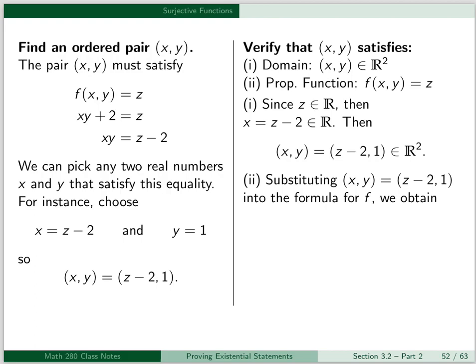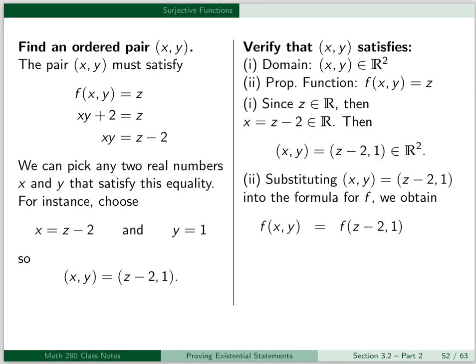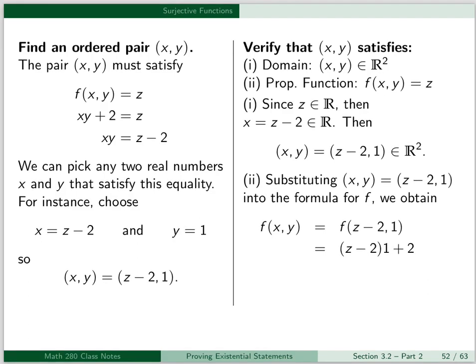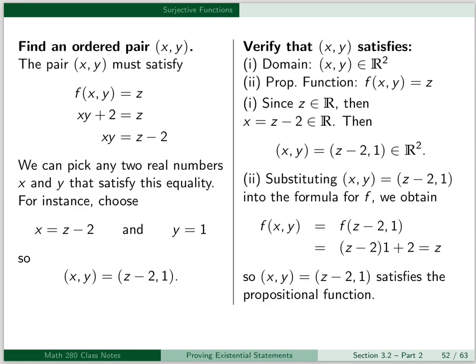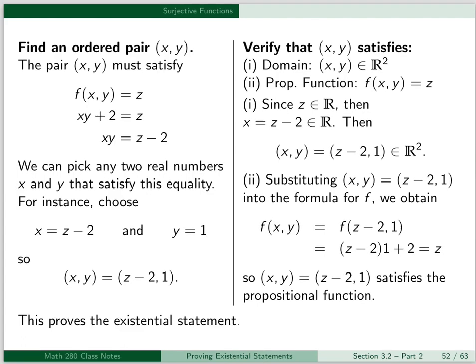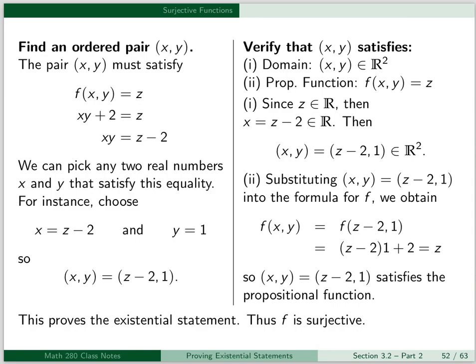And for the propositional function, substituting xy equals z minus 2, 1 into the formula for f, we obtain f of xy is f of z minus 2, 1, which will be z minus 2 times 1 plus 2, which is just going to be z. So xy equals z minus 2, 1 satisfies the propositional function. This proves the existential statement, and thus f is surjective.